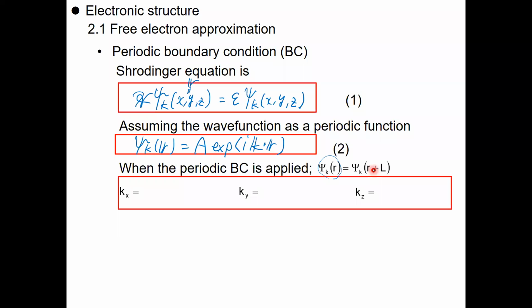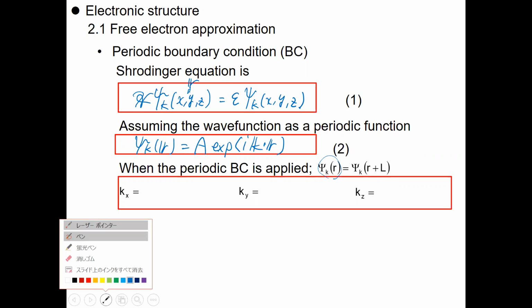And k is now quantum limited, depending on the quantum number.